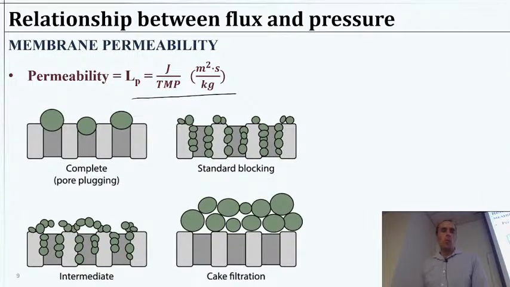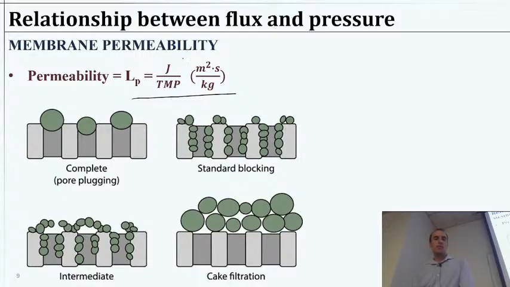All right, one last concept for us here is membrane permeability. We have a term LP for this, and this is essentially the flux divided by the pressure. It's obviously very related to what we were just talking about.